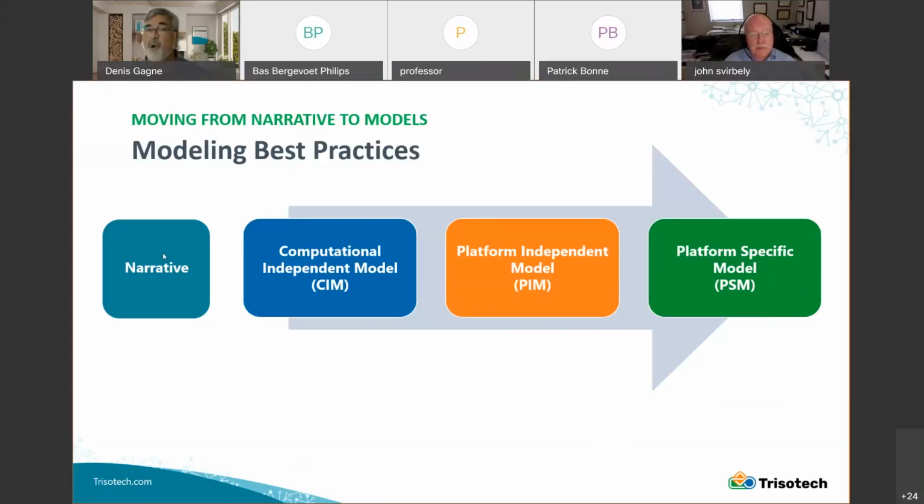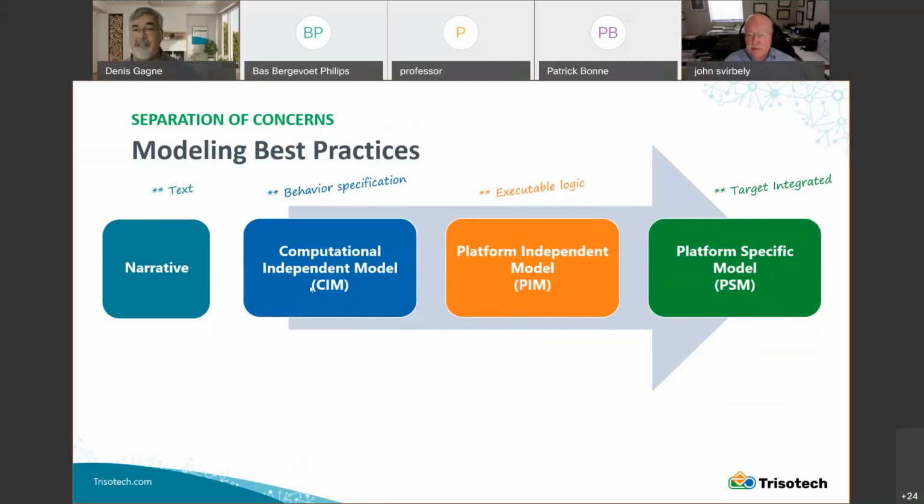And we followed the OMG best practice of moving from a computation independent model to a platform independent model to a platform specific model. So this allows us to have separation of concern where the narrative is really textual.